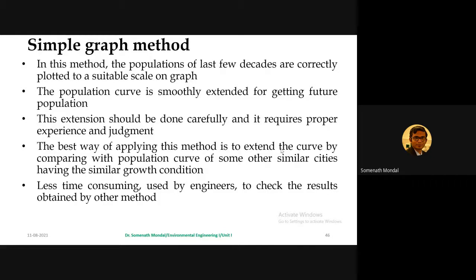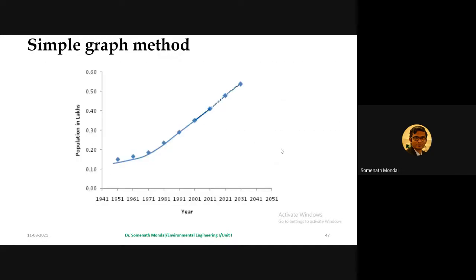And if you are now asked to obtain the population of the next decade and the next-to-next decade, you need to extend this graph. Now you can see this particular figure, you will be able to understand. So we have data up to the 2011 census.